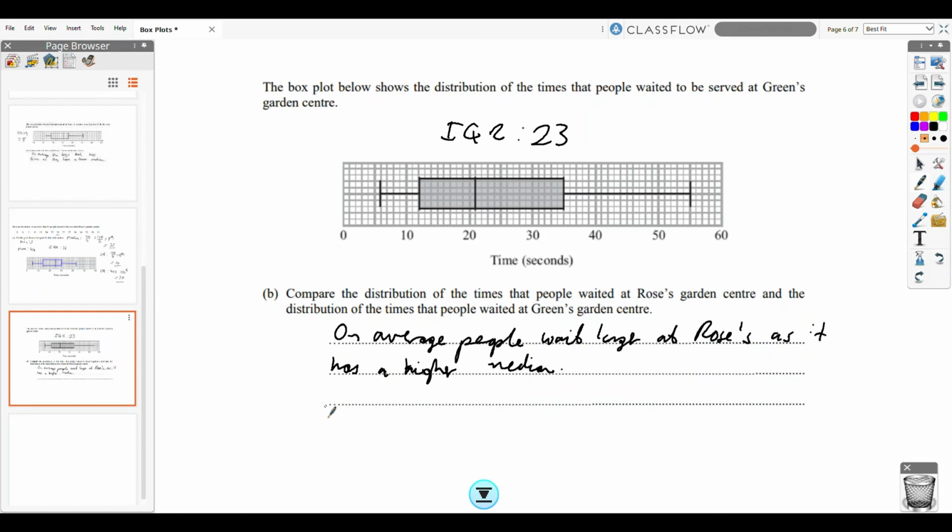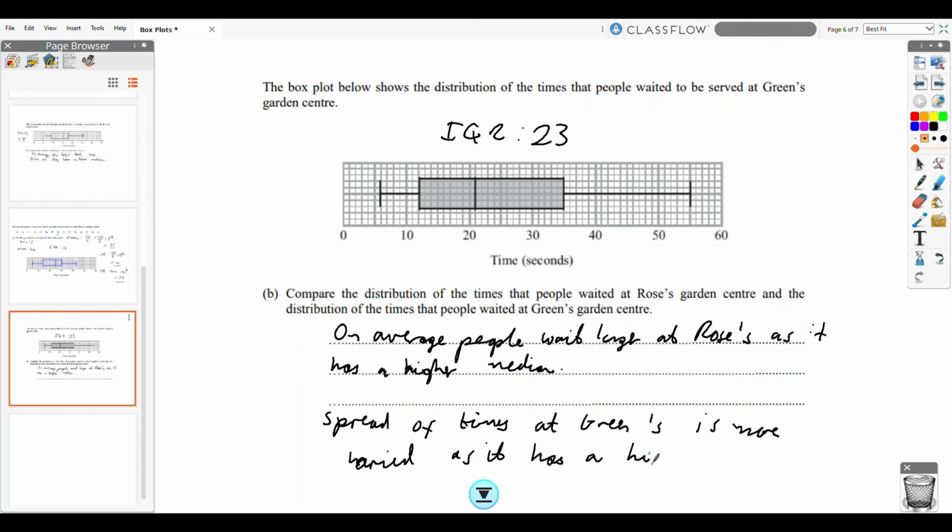So you could see here the spread of times at Greens is more varied as it has a higher IQR. So the interquartile range lets you know how varied the data is, so which one has more spread out times.